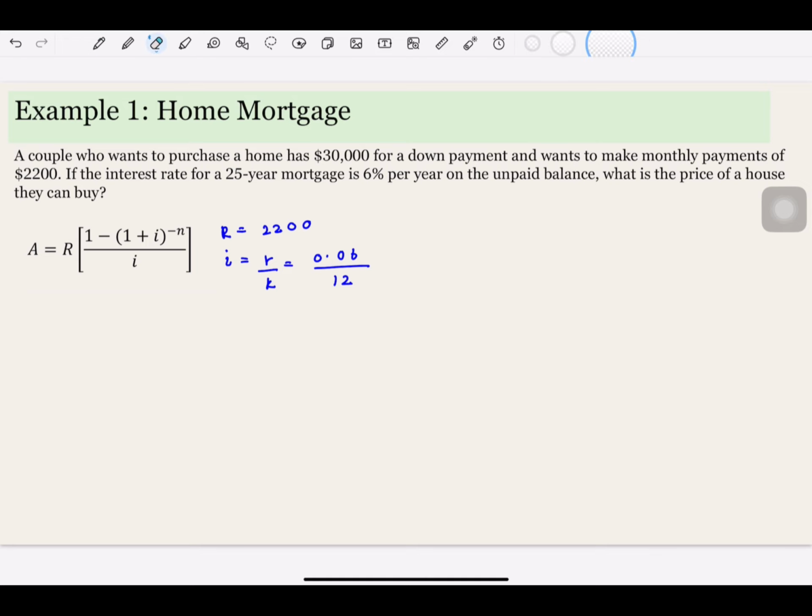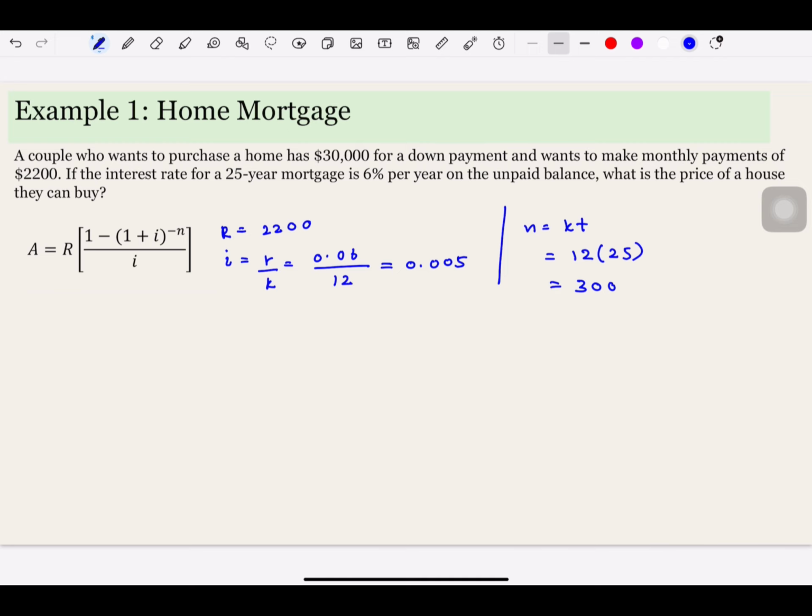If you divide this, it is 0.005. And we need n. n is k times t, where k is 12 and t is 25. If you multiply these numbers together, it is 300.